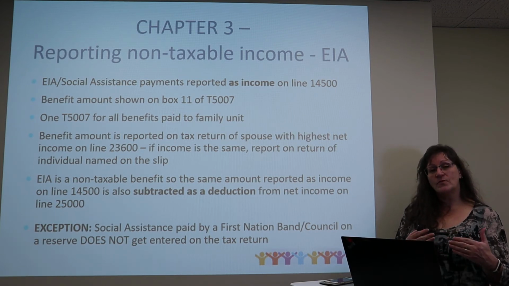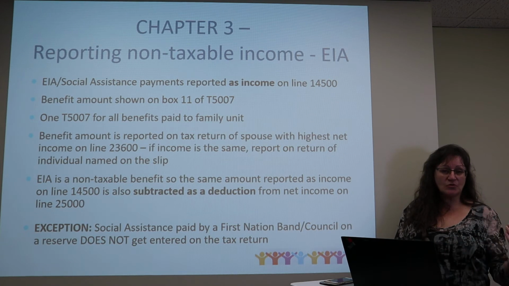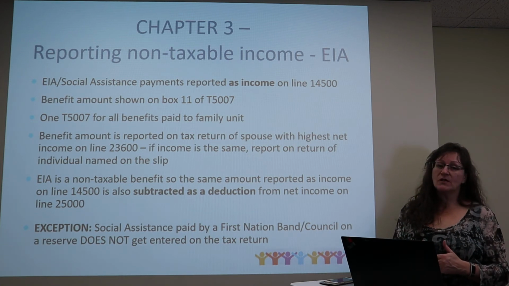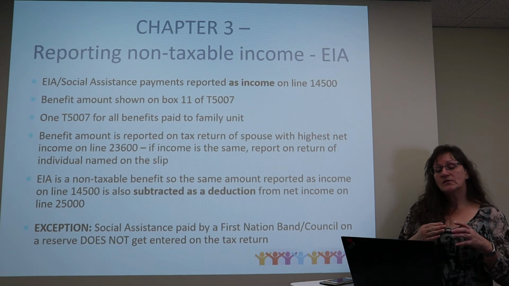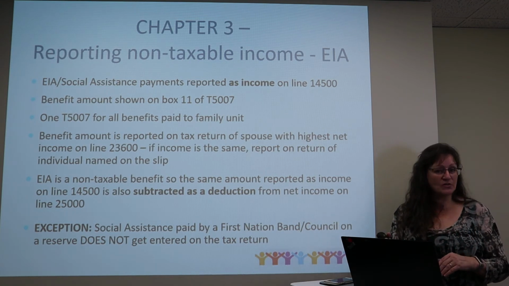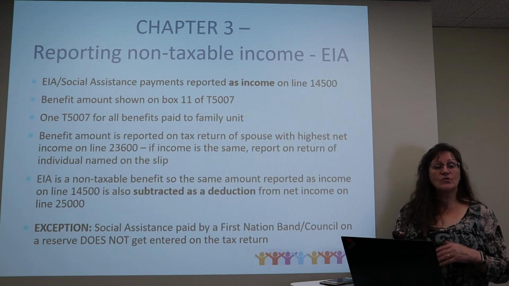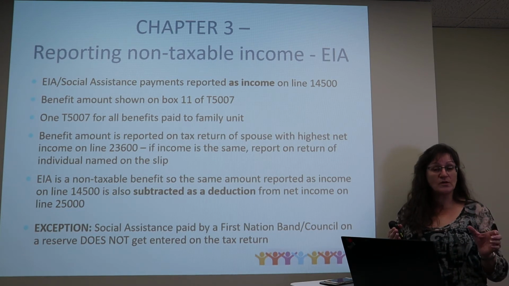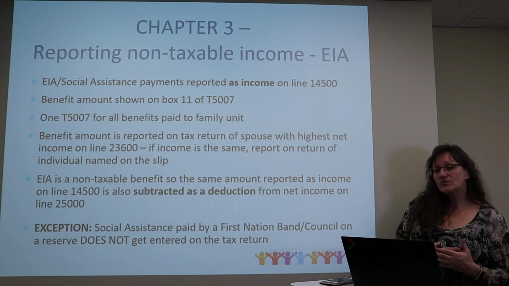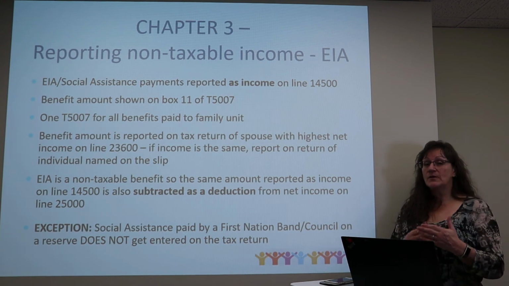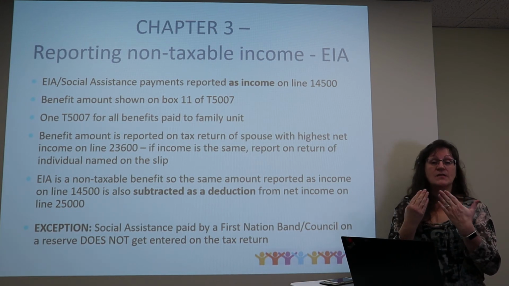So if one of the partners happens to have some casual labor, perhaps some pension income, or a T4 from an employment source, then the social assistance slip will end up on that person's tax return, even though the social insurance number that's shown on the slip may belong to the other partner. And when we are doing tax returns for partners, we will typically try to do them together as linked tax returns.